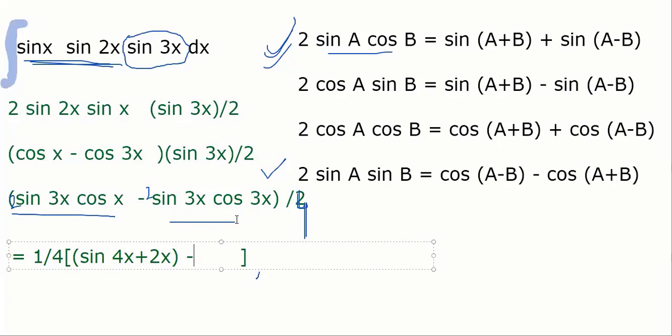Now we have to do 2 sin 3x cos 3x. Again I put a bracket: sin 3x cos 3x is sin A cos B. Again sin of A plus B, sin of 6x, plus sin of A minus B, sin of 3x minus 3x, which is 0.